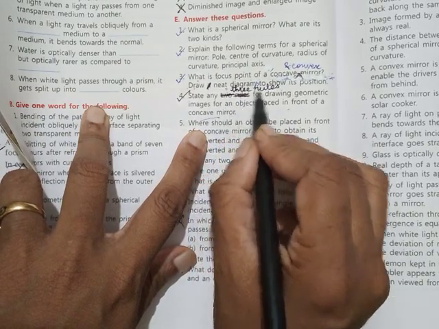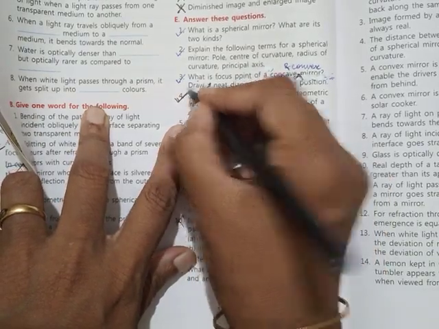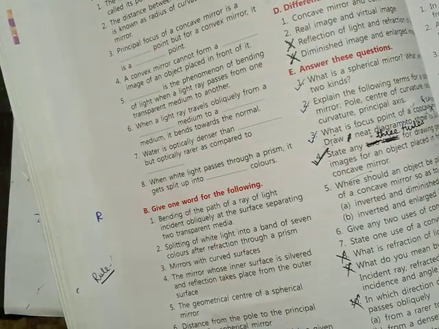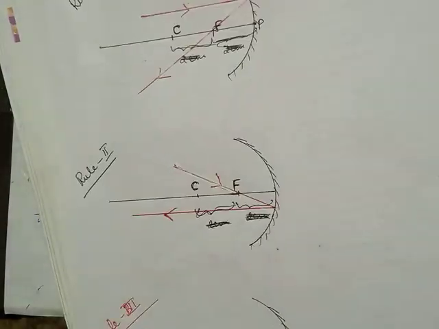Instead of 2, you're going to draw 3 rules. So this is the question and this will be your answer. Rule 1, statement, diagram. Rule 2, statement, diagram. And rule 3, statement and diagram. Is it clear? So you have to use scale and pencil, children. I don't want you to do with a rough hand.